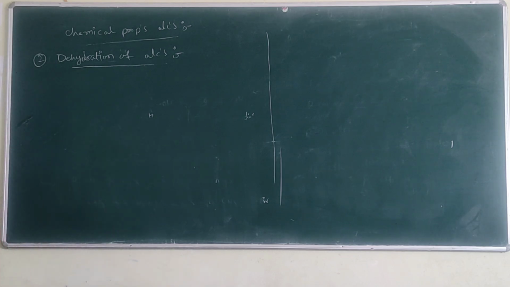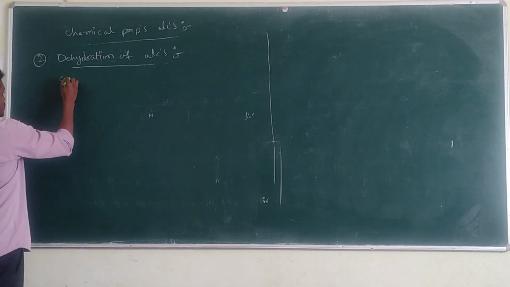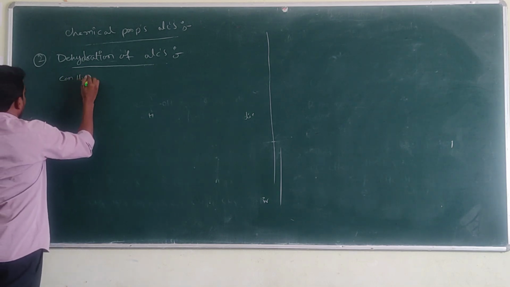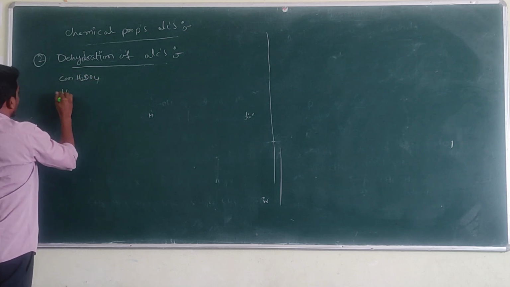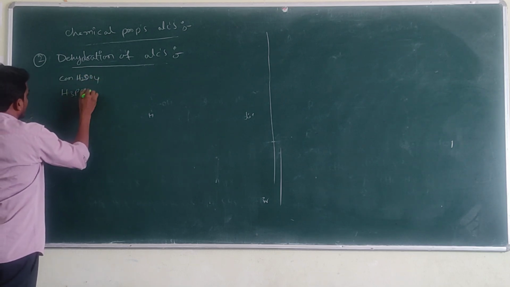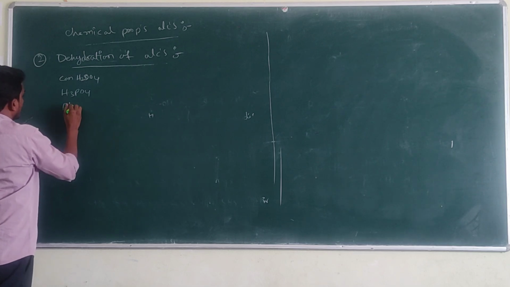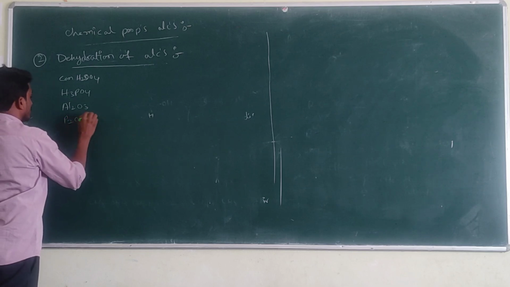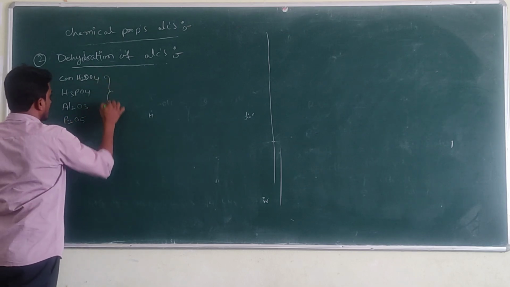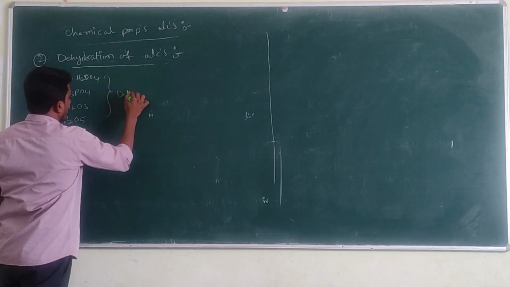Alcohols, when heated in the presence of acids like concentrated H2SO4, phosphoric acid H3PO4, alumina Al2O3, or phosphorus pentoxide, undergo dehydration. These all act as dehydrating agents.